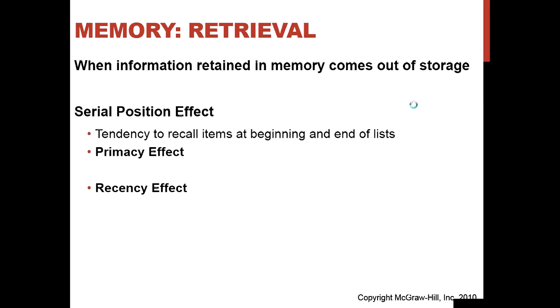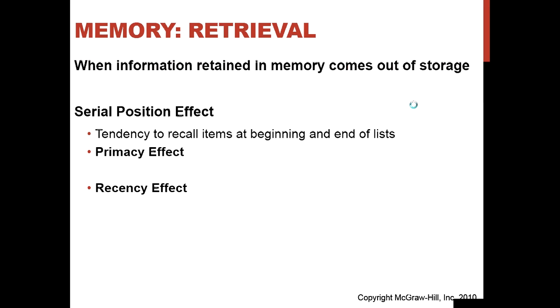You might be able to tell me fairly quickly what you did last week. But if I asked you, what did you do a month and a half ago? It might take you a little longer to retrieve that information. Okay, so the way that that memory is going to be stored may determine how quickly that memory is retrieved.